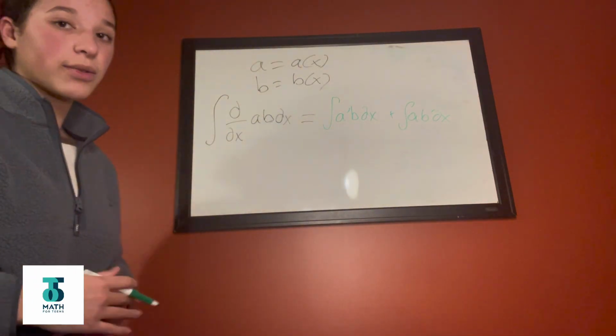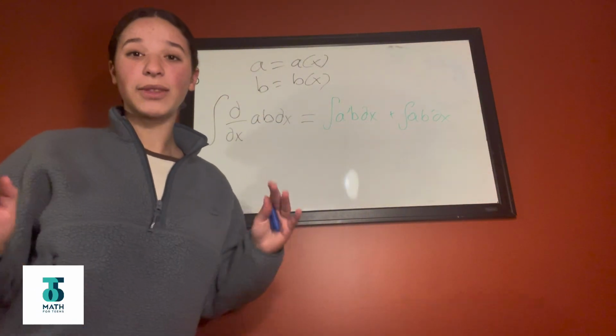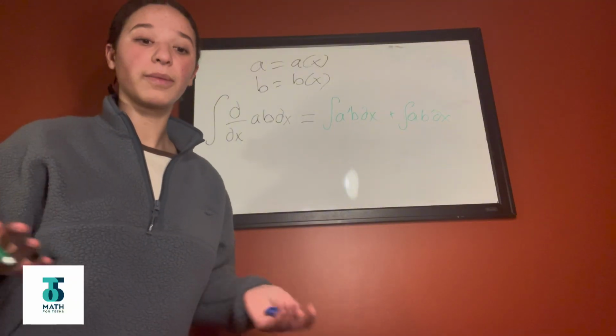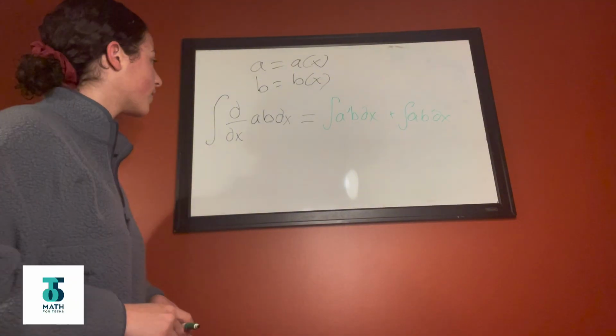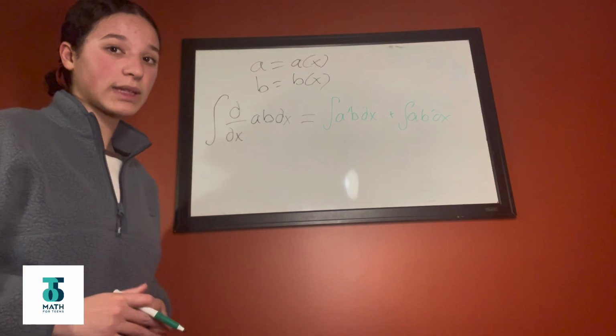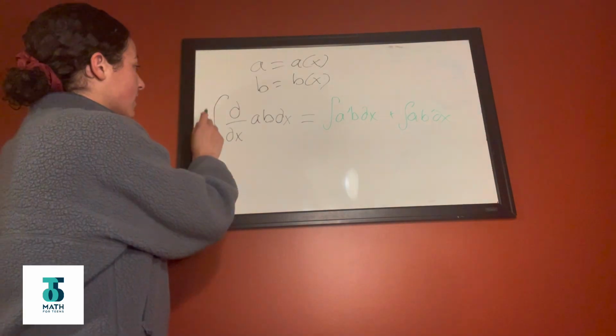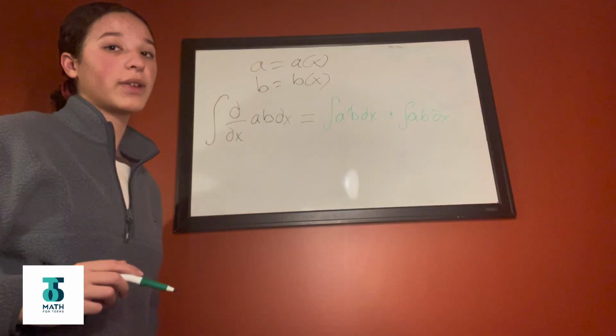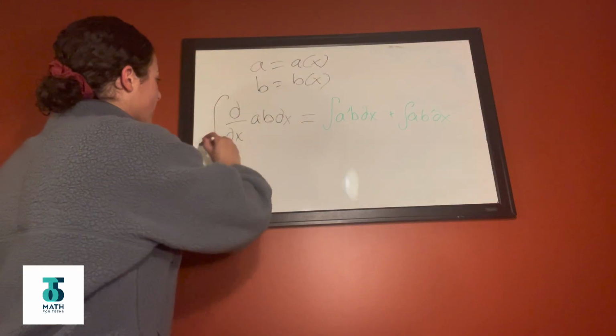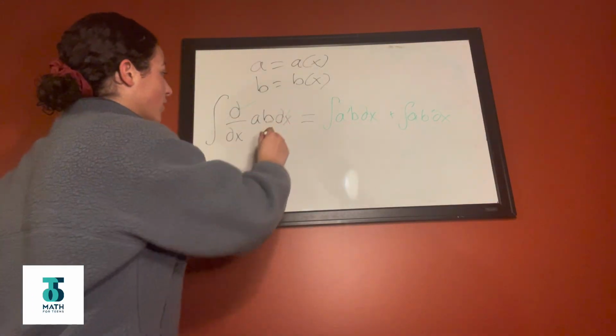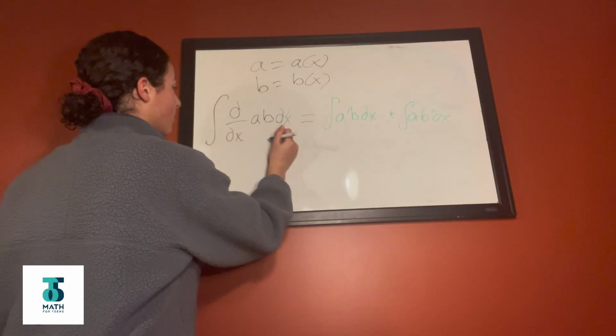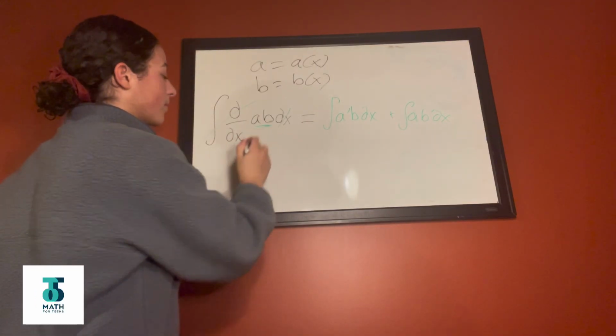And from here, the rest is just changing notation so it can look like your integration by parts formula. So the first thing we did was the fundamental theorem of calculus, and it told us that an integral undoes the derivative, so these two cancel. You just return to your original function. So now we have ab. That's all we have left.